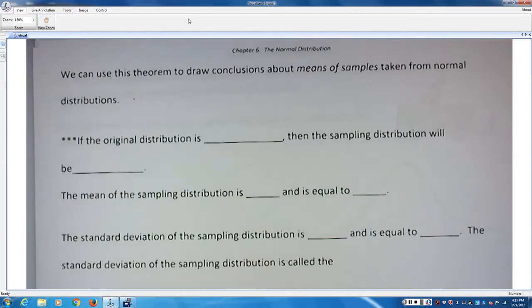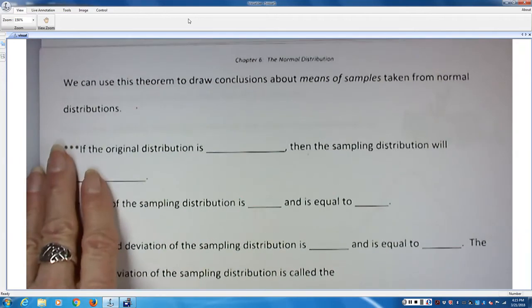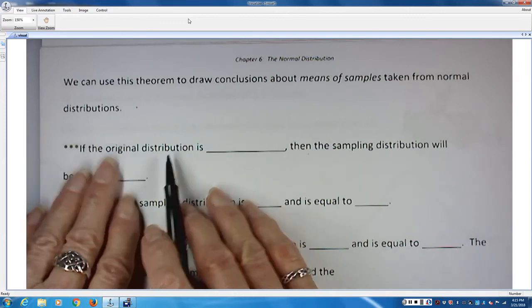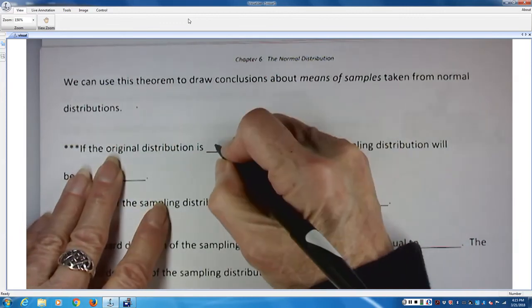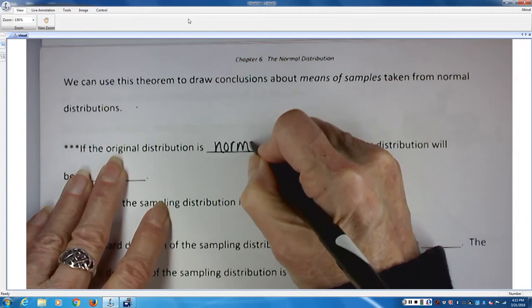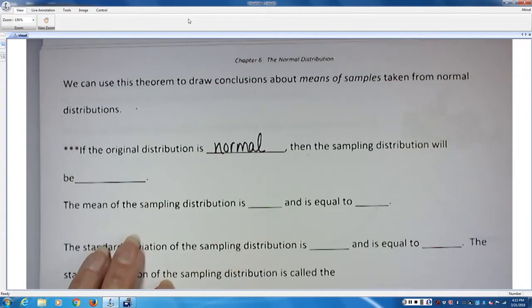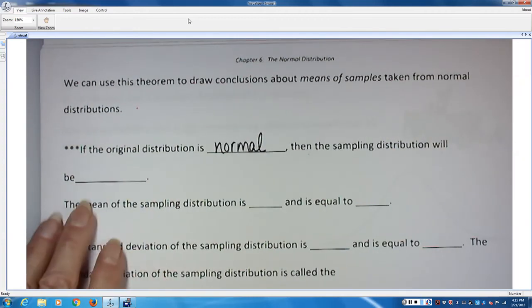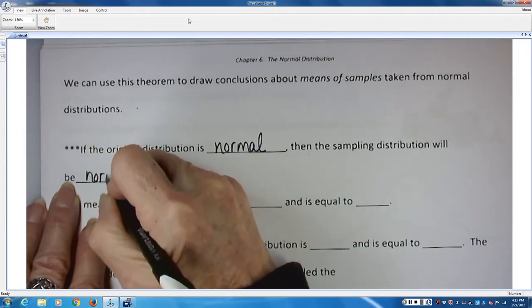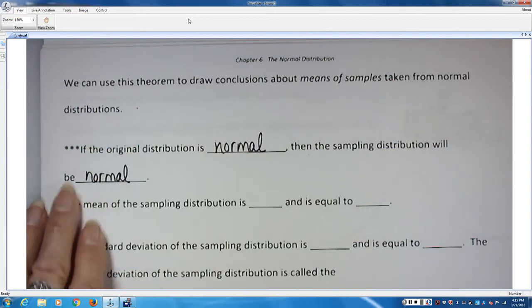The reason that that's important is because it leads us to something called the central limit theorem. If the original distribution is normal, even though we started ours off and it wasn't, then the sampling distribution will also be normal.